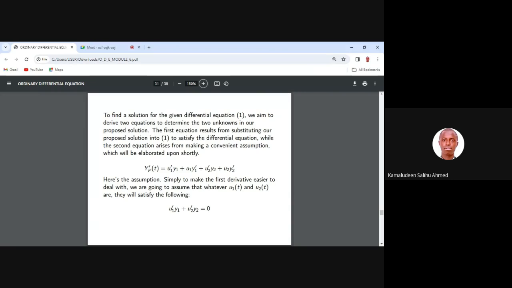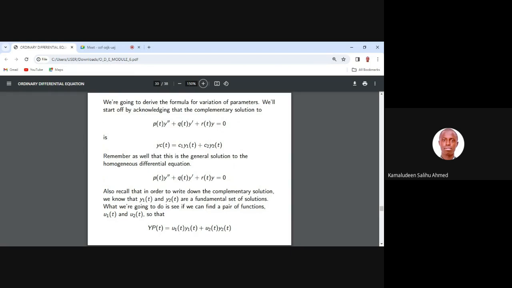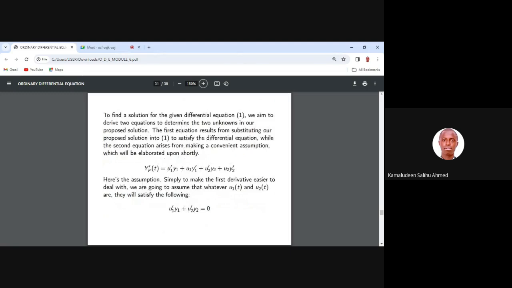To find a solution for the given differential equation 1, if we have a pen, we should write down this equation 1: P of t y prime prime plus q of t y prime plus r of t y equals 0. We'll be referring to it as our equation 1.